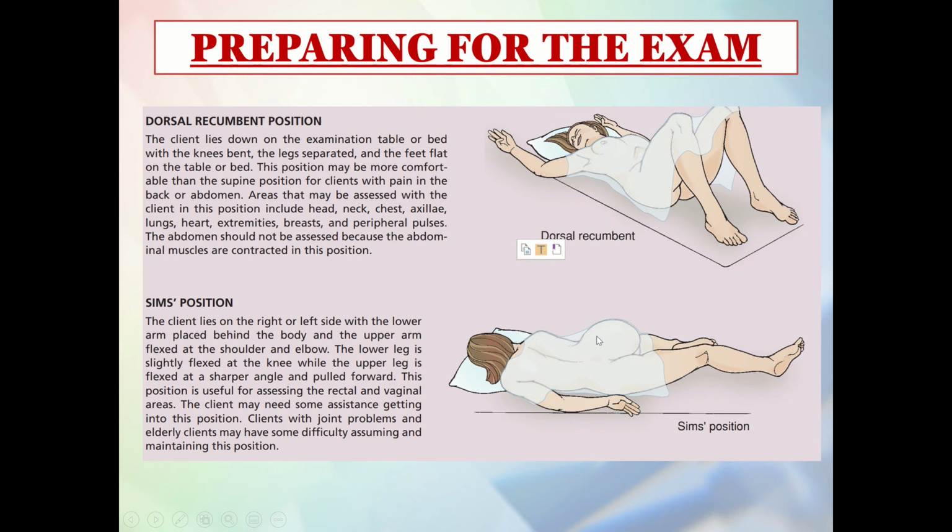The lower leg is slightly flexed at the knee, while the upper leg is flexed at a sharper angle and pulled forward. This position is useful for assessing the rectal and vaginal areas. We use it to examine the rectal area and the vaginal area for females. The client may need some assistance getting into this position.